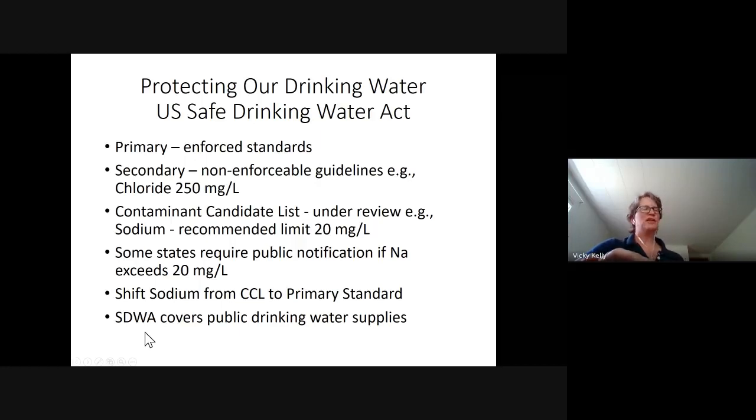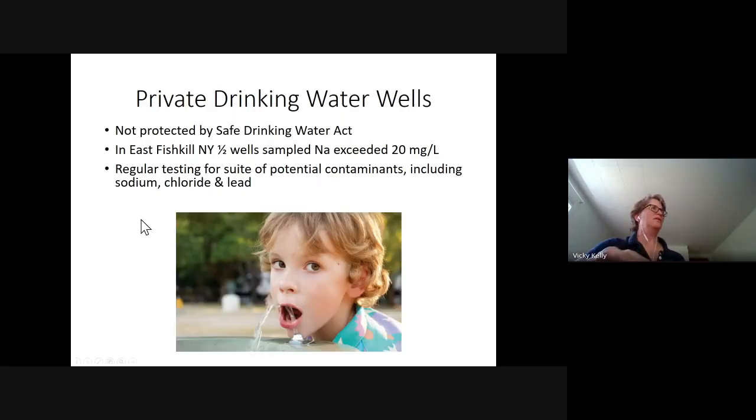It's important to note that the Safe Drinking Water Act covers only public drinking water supplies, not private drinking water wells. And in East Fishkill, we found that half the wells that were sampled had sodium concentrations that exceeded 20 milligrams per liter. So one of our recommendations is that private drinking water wells be tested regularly for a suite of contaminants, including sodium, chloride, and lead.